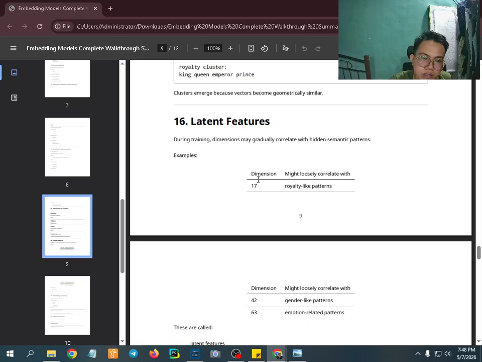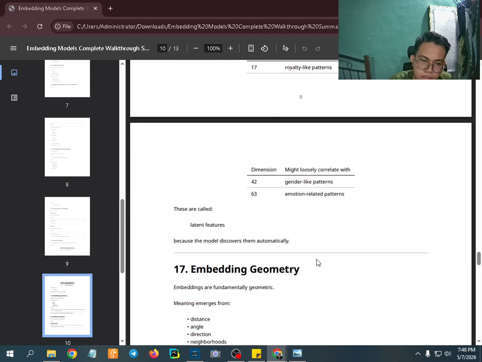So we expect that the word king has a higher value than the banana, because they are natural patterns. But the king and queen would both have high values of dimension 17, because they are royalty-like, but they are not actually the same.